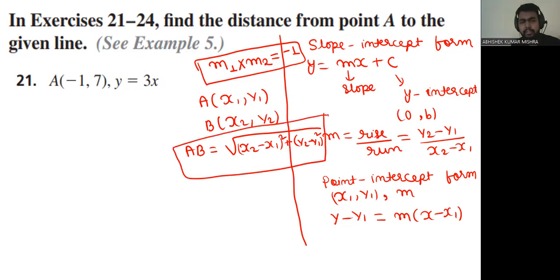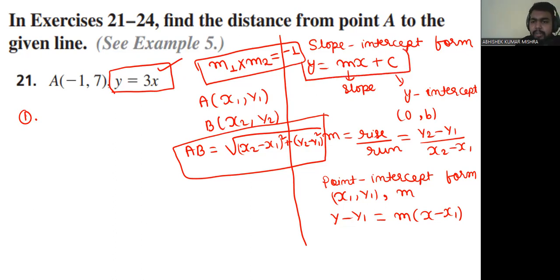How to solve this question? First of all, step number 1 is you need to find the equation of a line which is perpendicular to the given line. You must keep one thing in mind: whenever you are referring to your given equation, you must check that your equation is in the form y is equal to mx plus c, so that you can easily find the slope of that line.